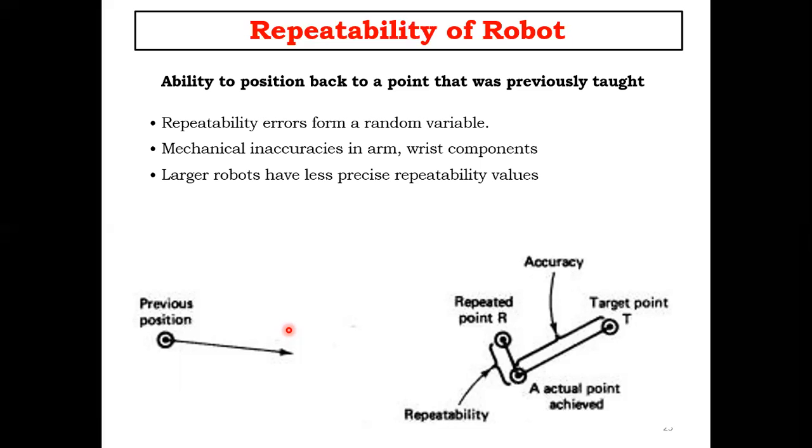When the robot goes from A to T and is required to come back to A, it has to return to the same point, but it will not happen every time. Only for perfect actuators will the repeatability be 100%. Most of them will be below 100%.